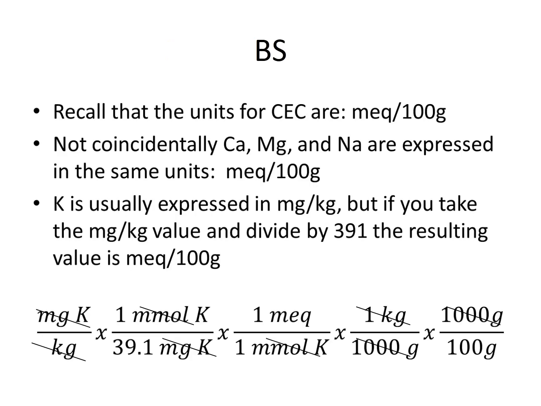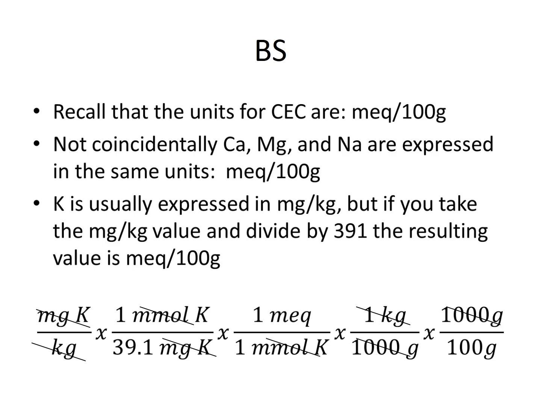Okay, now recall that the units for cation exchange capacity are milliequivalents per 100 grams. And so, not coincidentally, when you have a soil tested, the calcium, the magnesium, and the sodium are expressed in these same units. It makes the math easy.